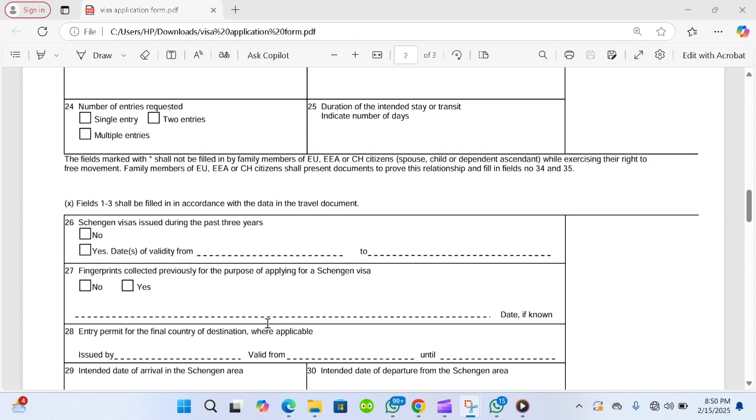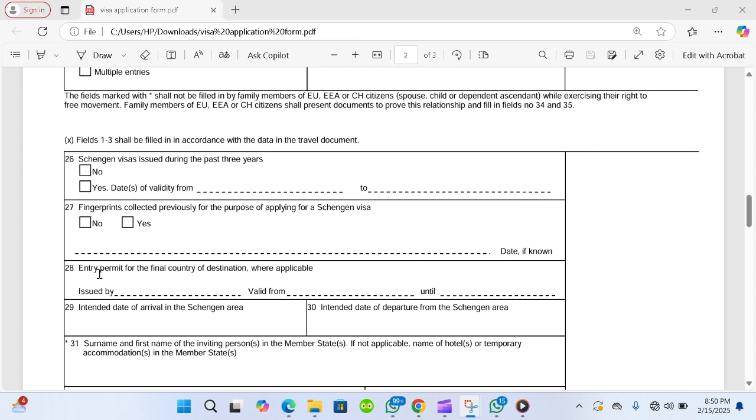Number 28, entry permit for the final country of destination where applicable. Here, I just ignore this one because you're a student and you've not gotten the visa yet. Number 29, intended date of arrival in the Schengen area.